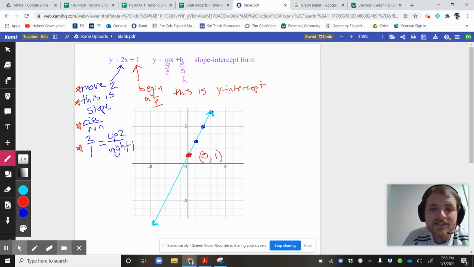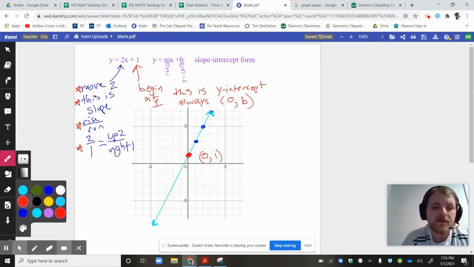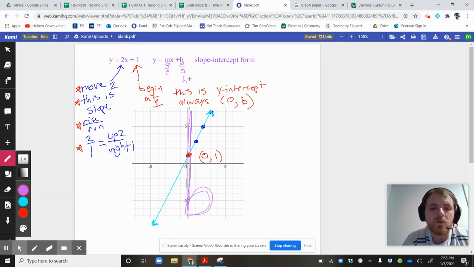And what I need to know is that the y-intercept is always at the point 0, comma, the letter B. That's again what we need to think of, the B on this y-axis.